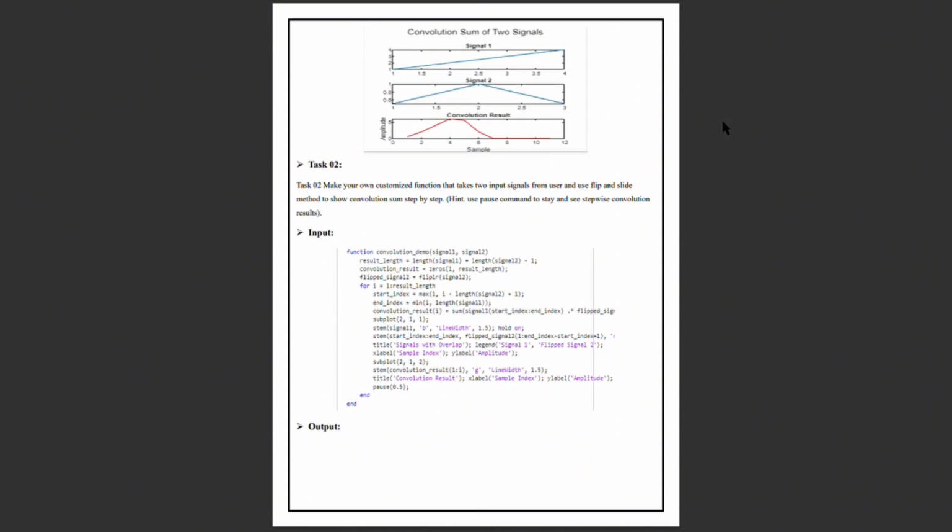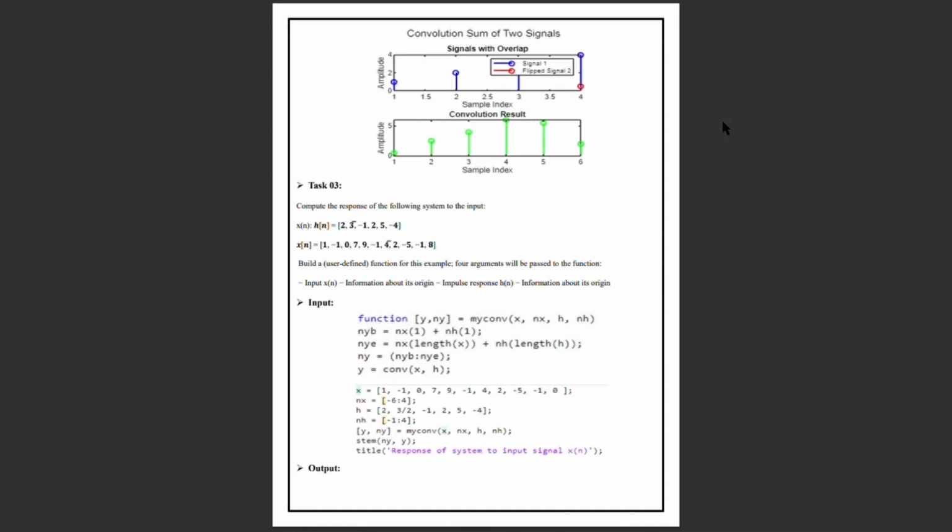The function takes four arguments: first, result and convolution results, flip signals, and index starts. Here we give the different commands for this task input. Here you can see the output of this task 2.